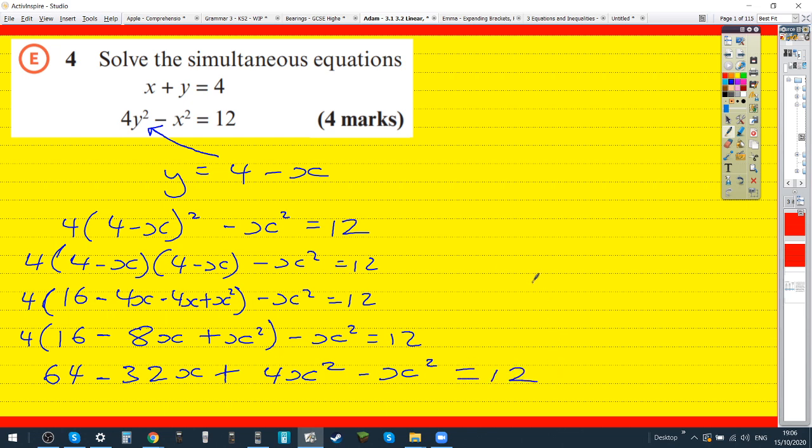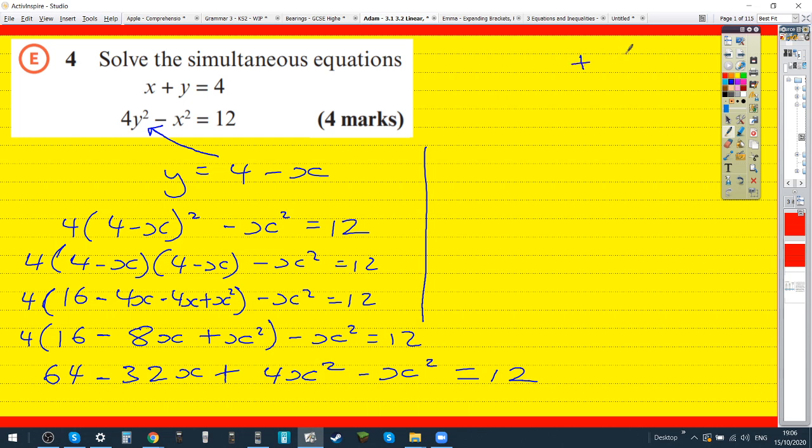And then if you simplify it, let me write this out. 16 minus 32x plus 3x squared equals 12.